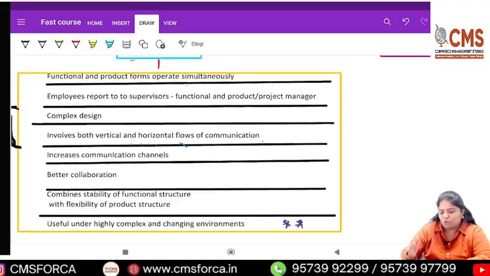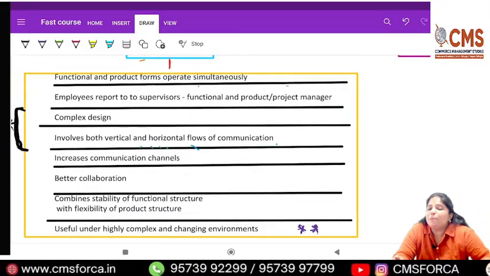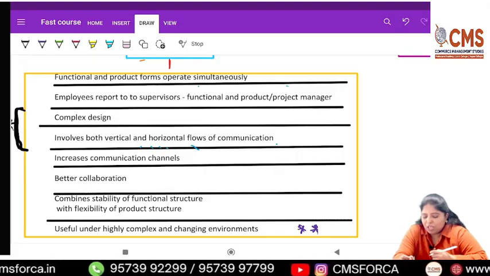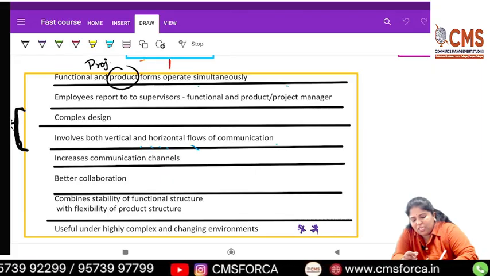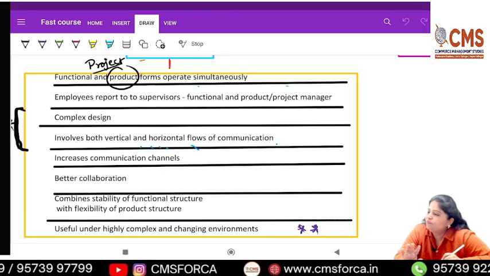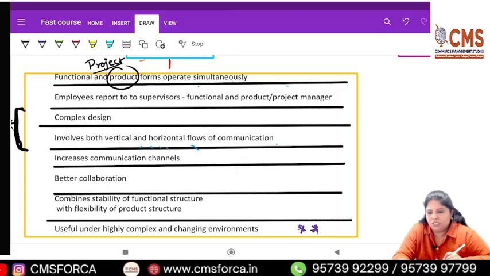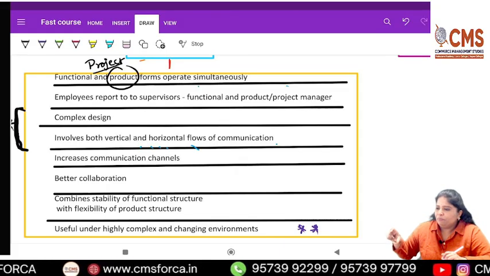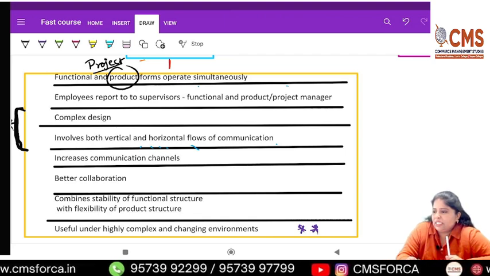So I want you to go through some features of matrix structure. Which forms operate simultaneously? Though you have the word product here or the diagram speaks of project, both are the same. Do not get confused with the terminologies. The functional form and the product form both operate simultaneously.